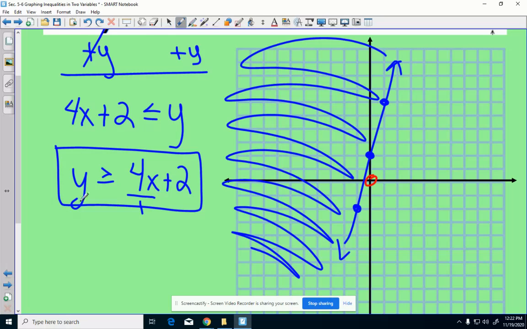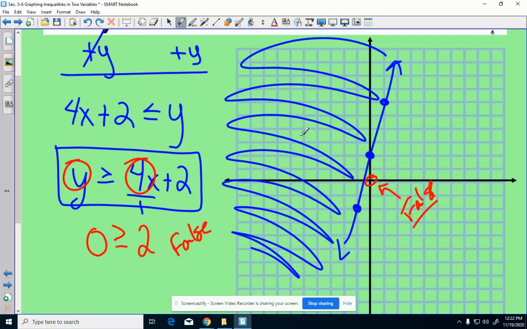If I put a 0 for x and a 0 for y, I would be left with 0 is greater than or equal to 2. That's false. Because that's false, this side over here is false, which means this side over here is good. That's what I'm after.